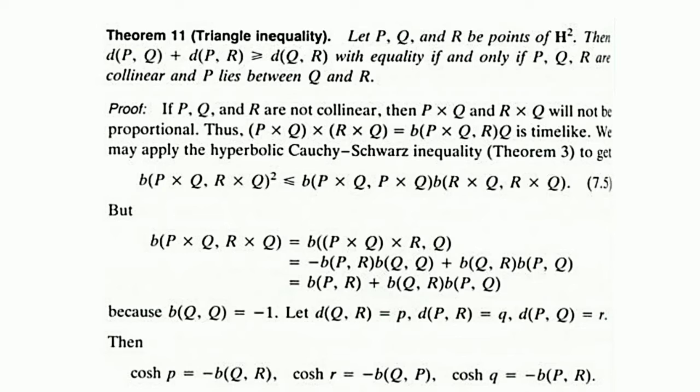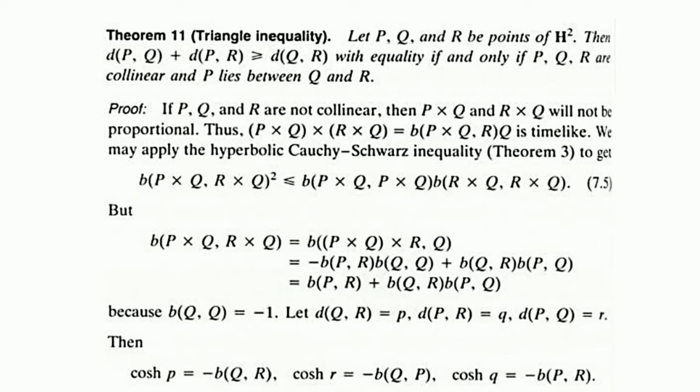So let us talk about the proof. Let us approach the proof by contradiction. If P, Q, and R are not collinear, then P cross Q and R cross Q will not be proportional. It is very understandable because they do not lie on the same line.